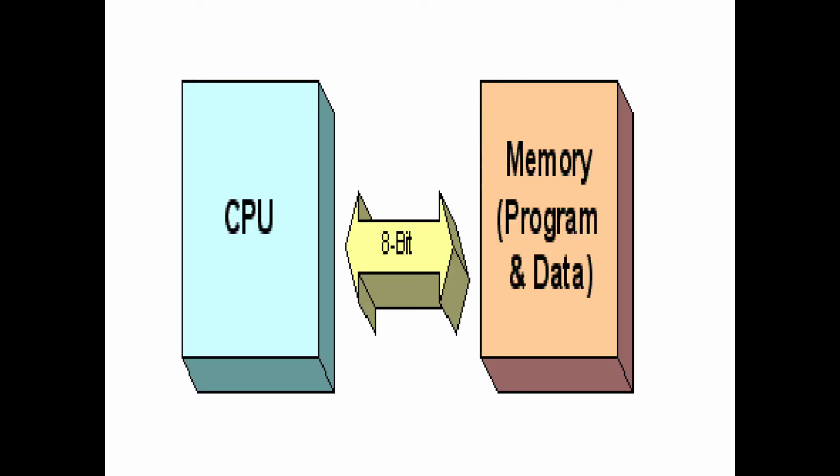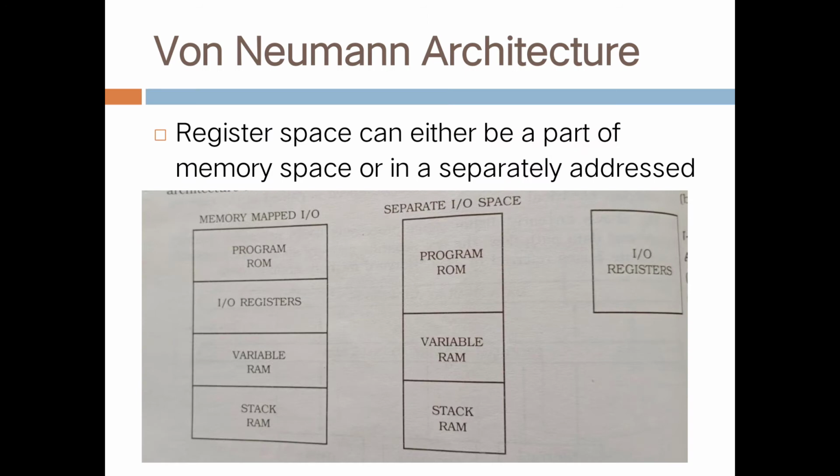This is the diagram of von Neumann architecture. In this diagram, the CPU is connected with the same memory, that means a common memory for program and data. Then this is the register space of von Neumann architecture. In this, there are two types of space: memory mapped input output and separate input output space.